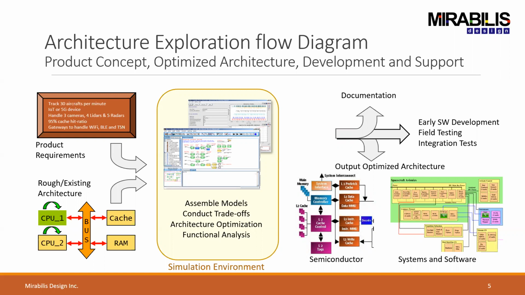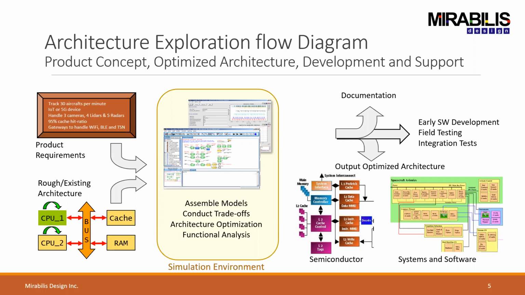Once you're done with that, an architecture exploration flow goes to three stages. One is generates documentation that can be used either by marketing or product engineering or by testing or even sales. Second part is where it can be used to become the specification that can be built either by an internal team or an external partner.